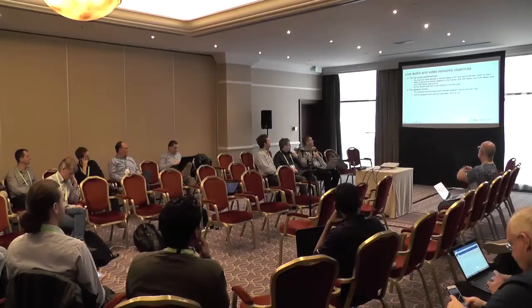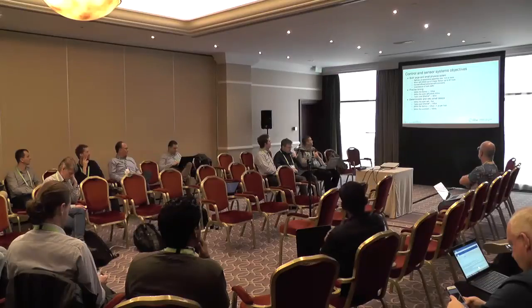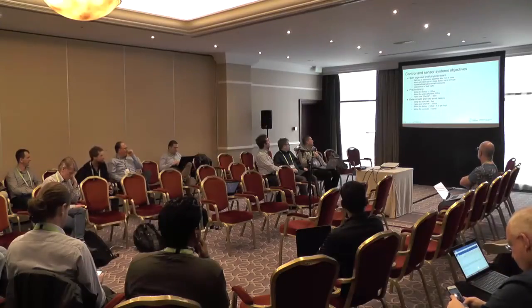We also have some requirements for control loops. It depends on the situation, but there can be small delays that should be guaranteed through this network. It should be determined exactly.